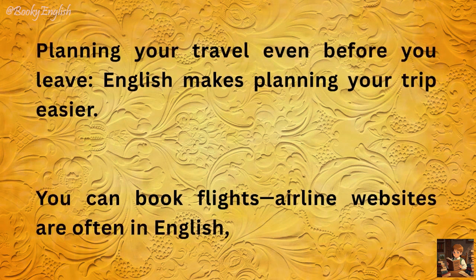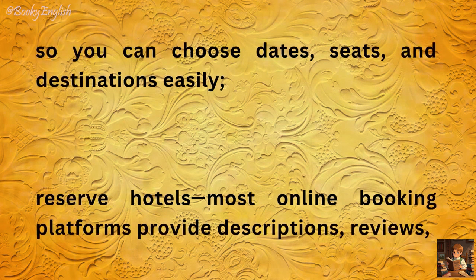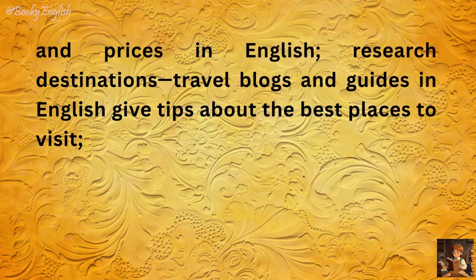Knowing English helps you handle problems without feeling helpless. Planning your travel even before you leave. English makes planning your trip easier. You can book flights. Airline websites are often in English, so you can choose dates, seats, and destinations easily. Reserve hotels. Most online booking platforms provide descriptions, reviews, and prices in English.